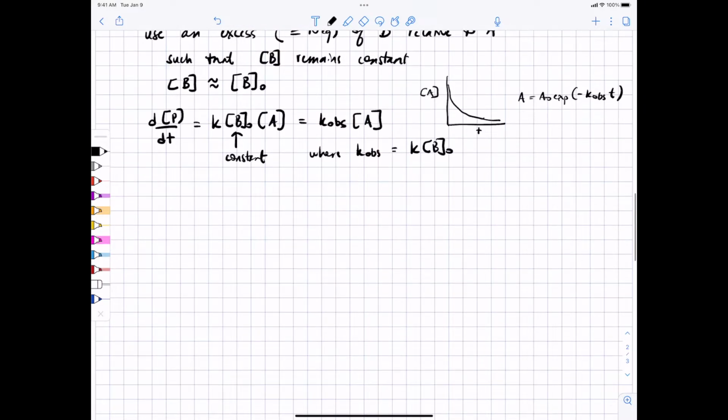Now, what if I am not satisfied with k_obs, but I want to get to the actual rate constant?